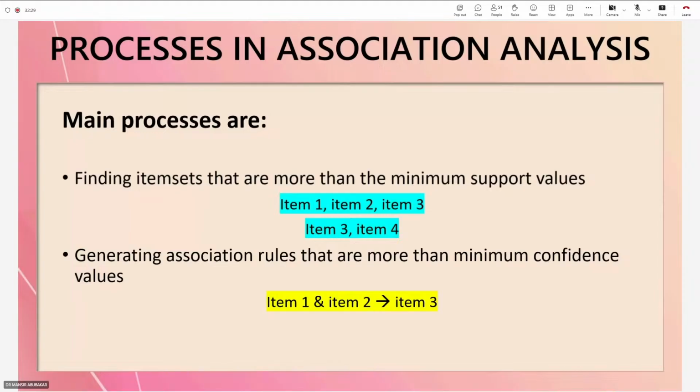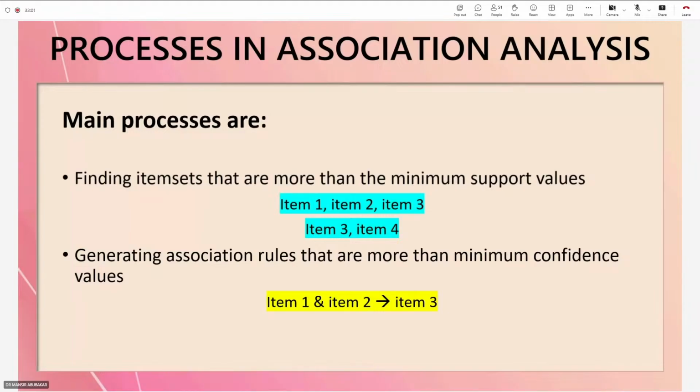And then the second process is generating association rules. From the frequent items that you find in the transactions, you generate the associations, which is the main work of the algorithm, that are more than the minimum confidence value. When we say minimum confidence, that is when we have item 1 and item 2, then we calculate the support of item 1 and 2 which implies that there is a purchase of item 3.